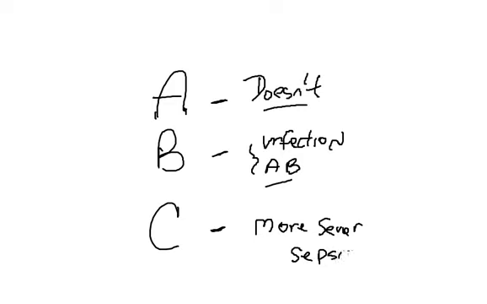Type B fistulas may also require placement of additional drains percutaneously. And then there are C fistulas, which usually involve more severe sepsis, requiring reoperation. So this has helped standardize the definitions of pancreatic fistulas.